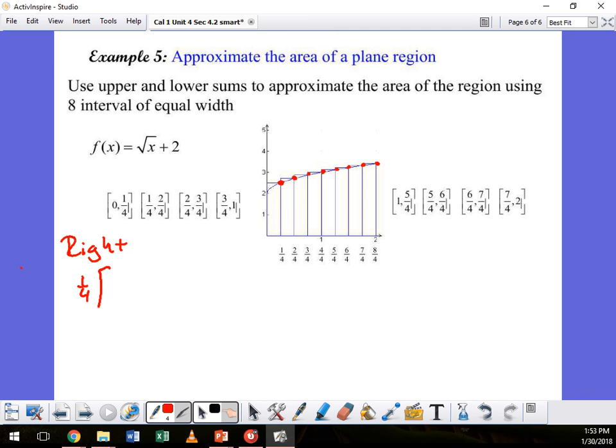I got 6.03825. We're supposed to skip the 0 and add in the 2, right? Three fourths, 1, 5/4, 3/2, 7/4, and 2.